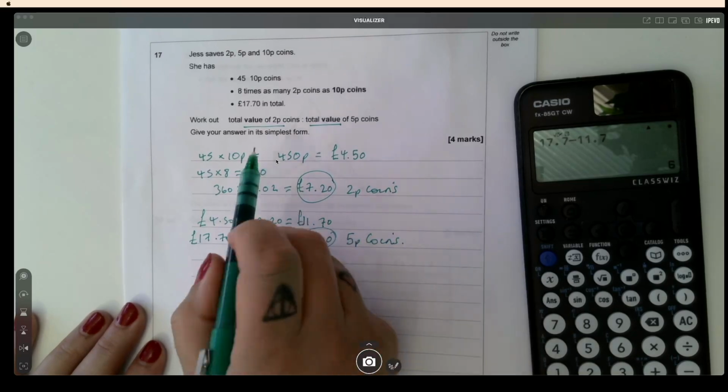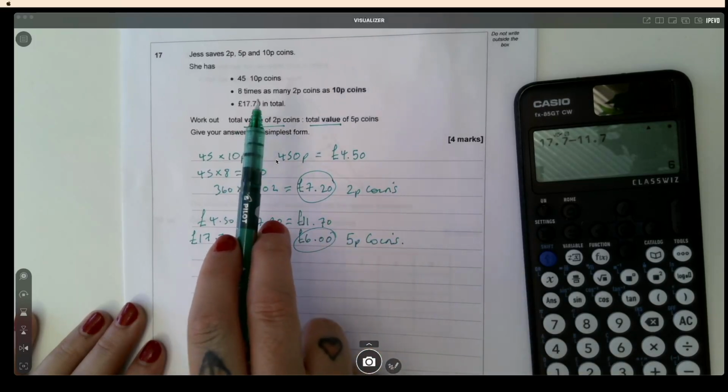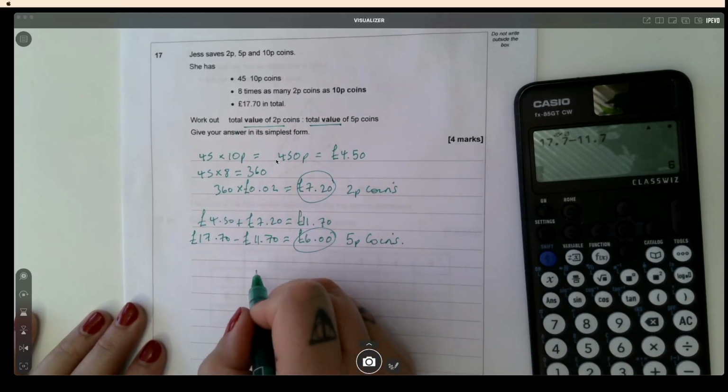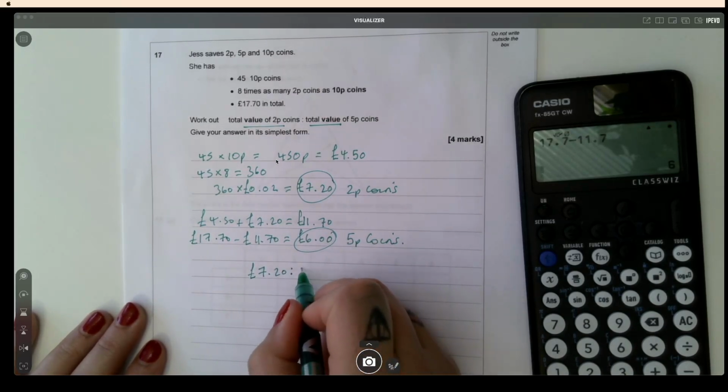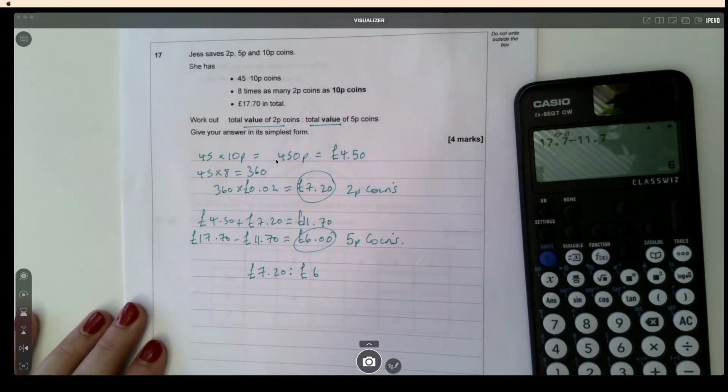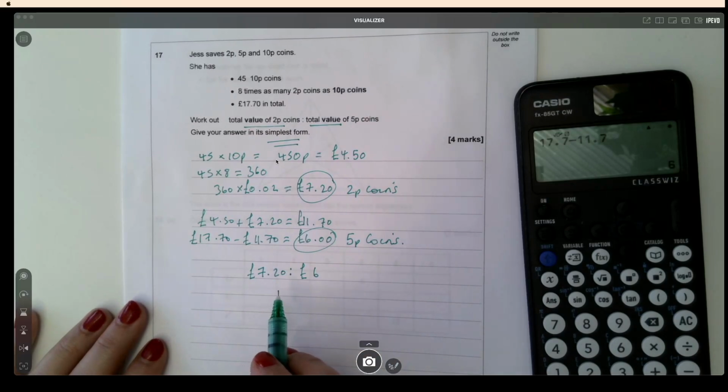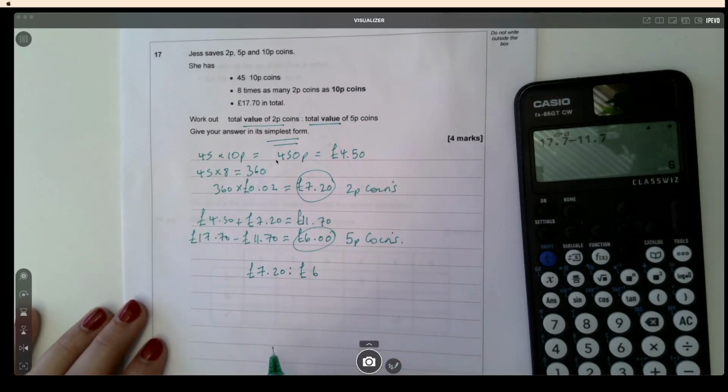So we're going to write it in a ratio, the value of 2p coins to the value of 5p coins. So it'll be £7.20 to £6. And then we need to give our answer in its simplest form. Ideally, we don't want decimals in a ratio, unless we're writing it in a different form.